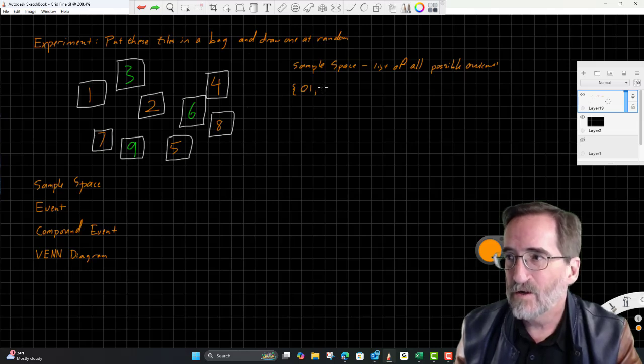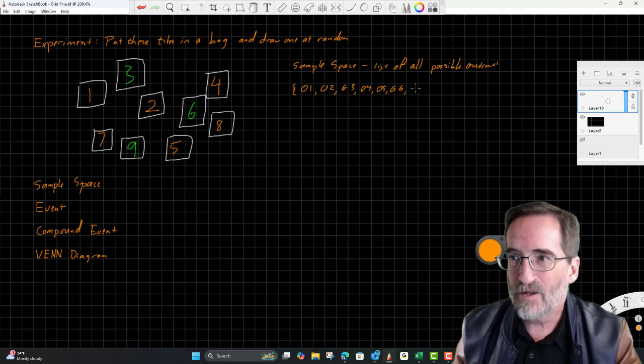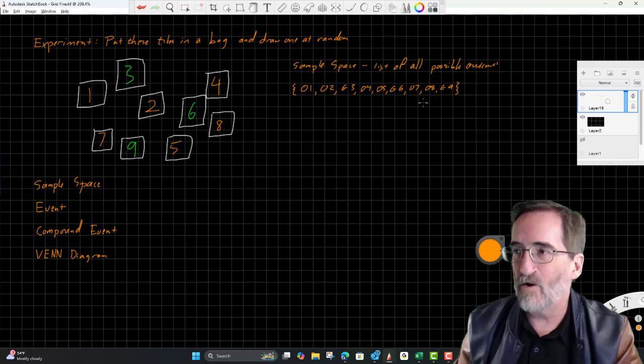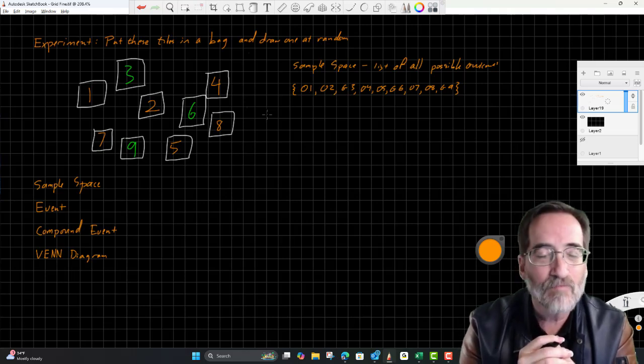Orange 1, orange 2, green 3, orange 4, orange 5, green 6, orange 7, orange 8, green 9. So this is the sample space. We list all the possible outcomes of an event in curly braces.